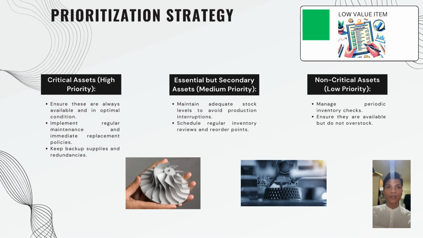Maintain adequate stock levels to avoid production interruption, and schedule regular inventory reviews and reorder points. Next are non-critical assets at low priority. Manage with periodic inventory checks. Ensure they are available but do not overstock.